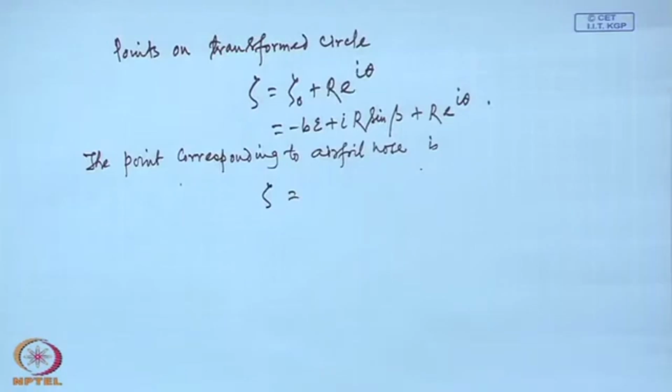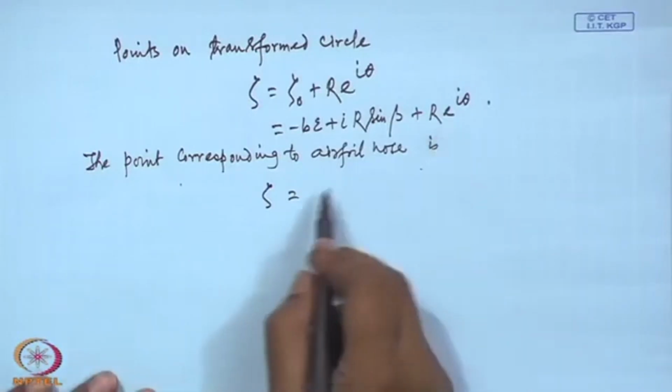Theta is pi. E to the power I pi, how much is that? Minus 1. So, it becomes minus r.